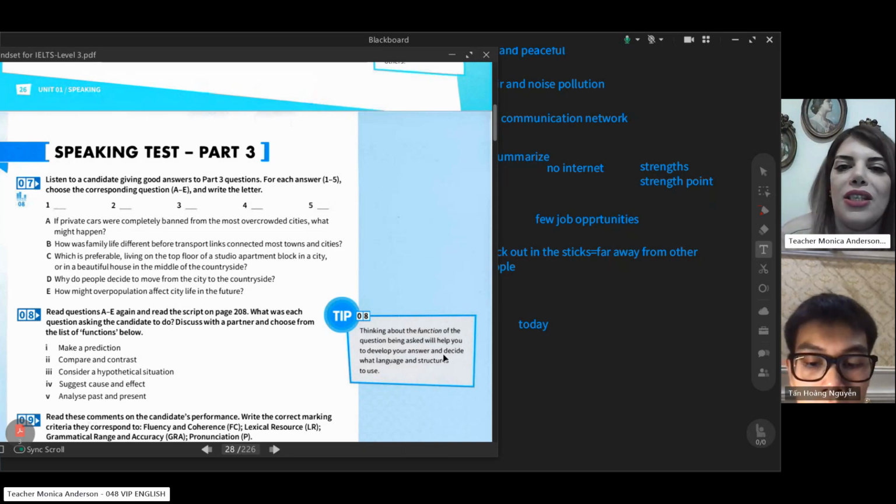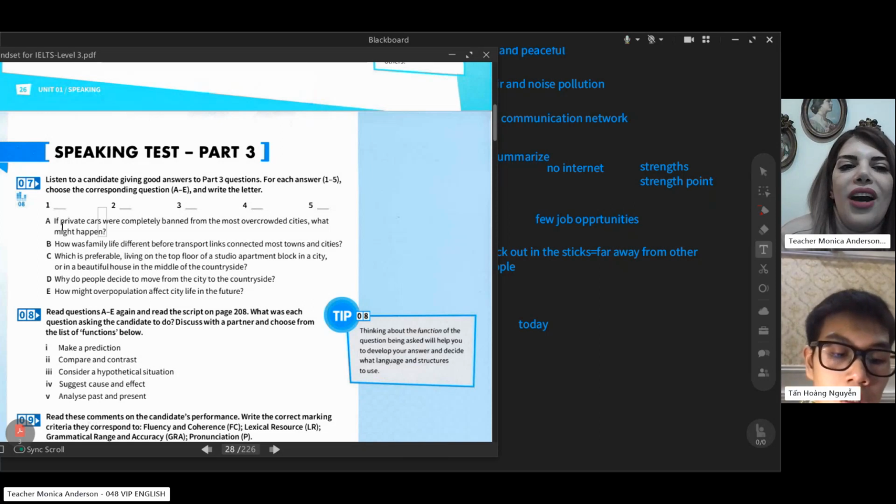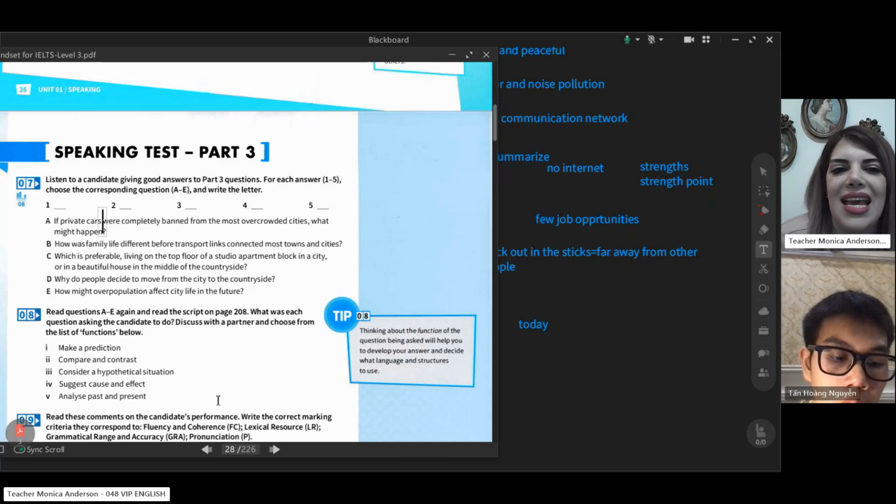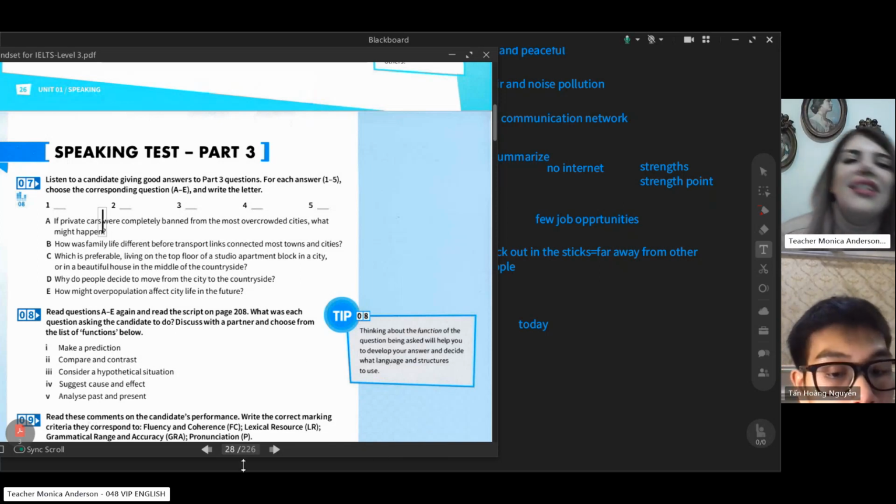So I don't think so. I think public transport and private cars. Yeah, so how about A? Do you agree? Public transport, private cars, disadvantages, advantages, so A.